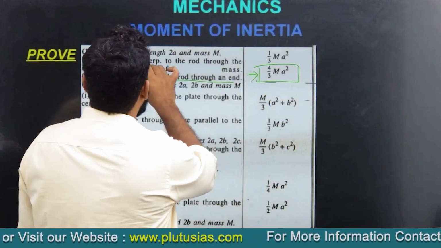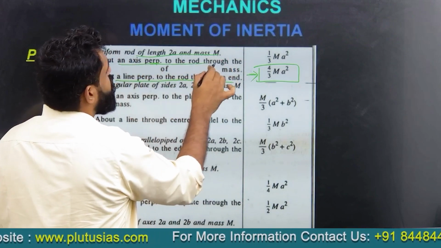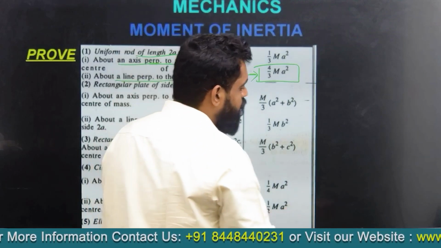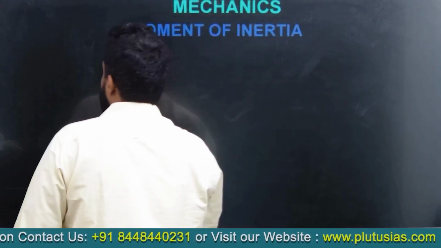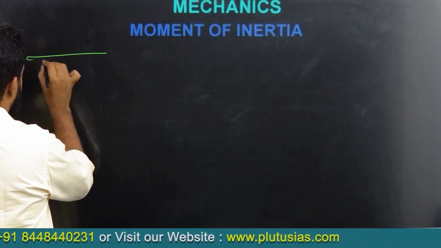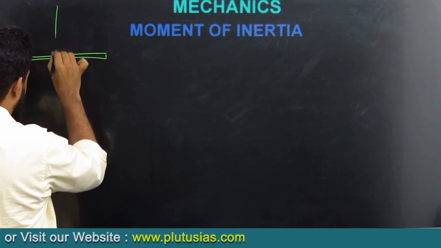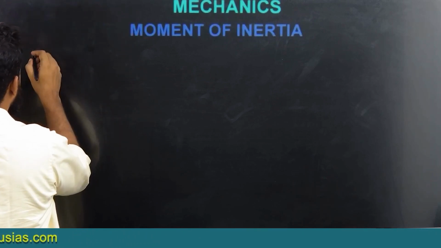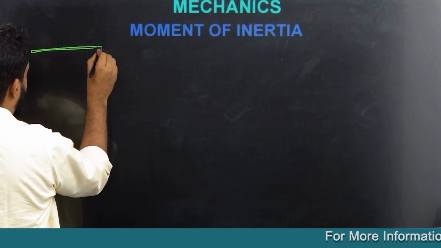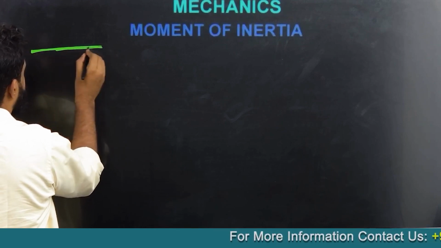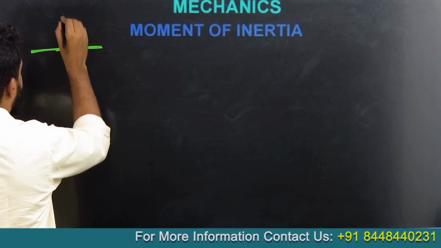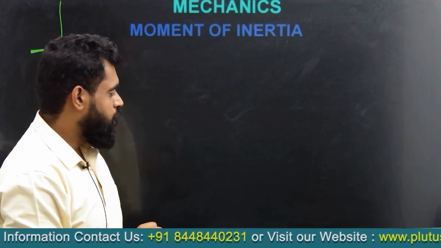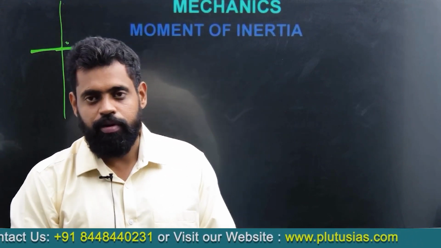Now what about a uniform rod of mass m about an axis perpendicular to the rod through the center? Suppose this is the rod, and we take the axis from the center O. Excuse my drawing skills, I'm not good at it.